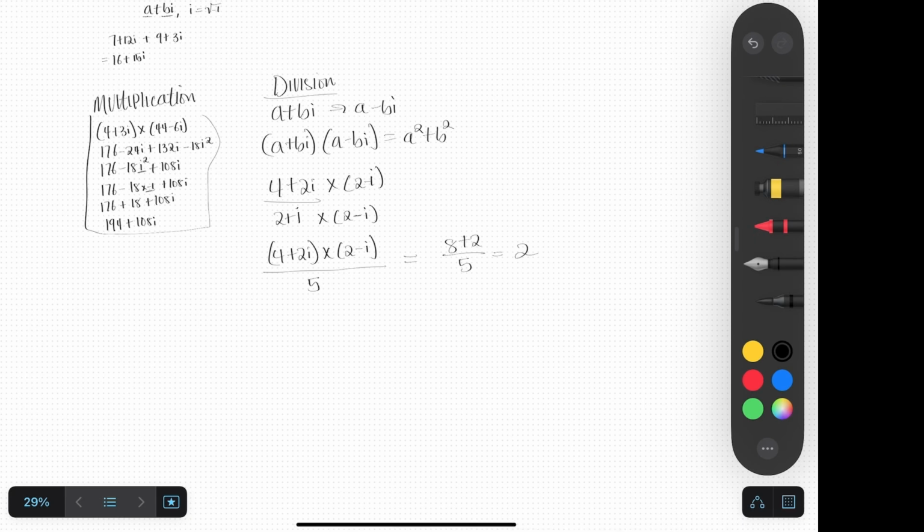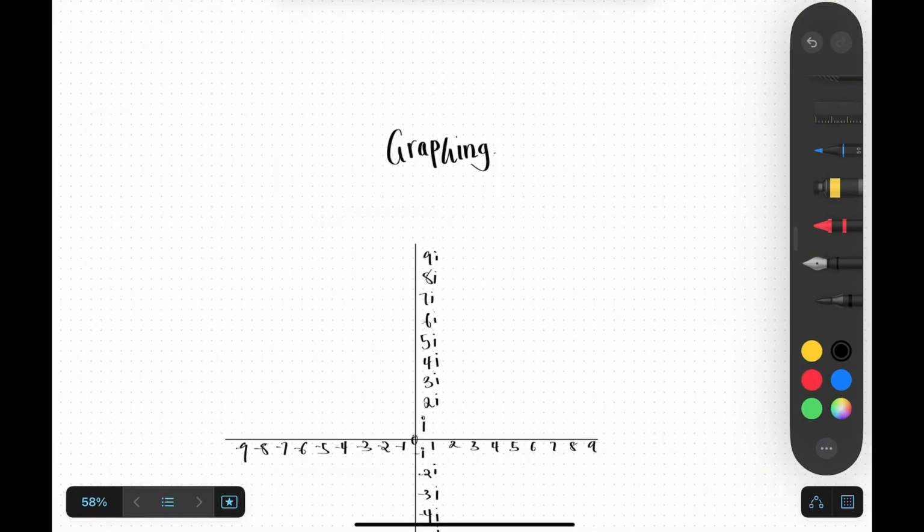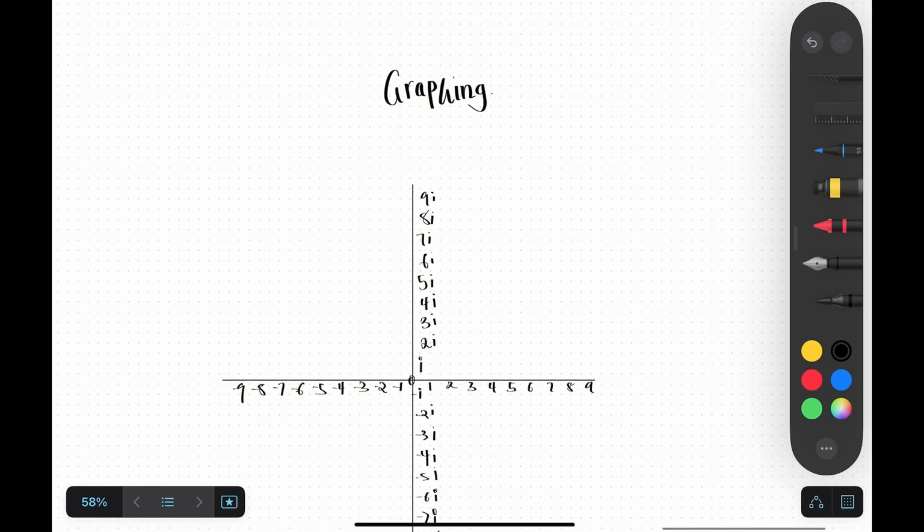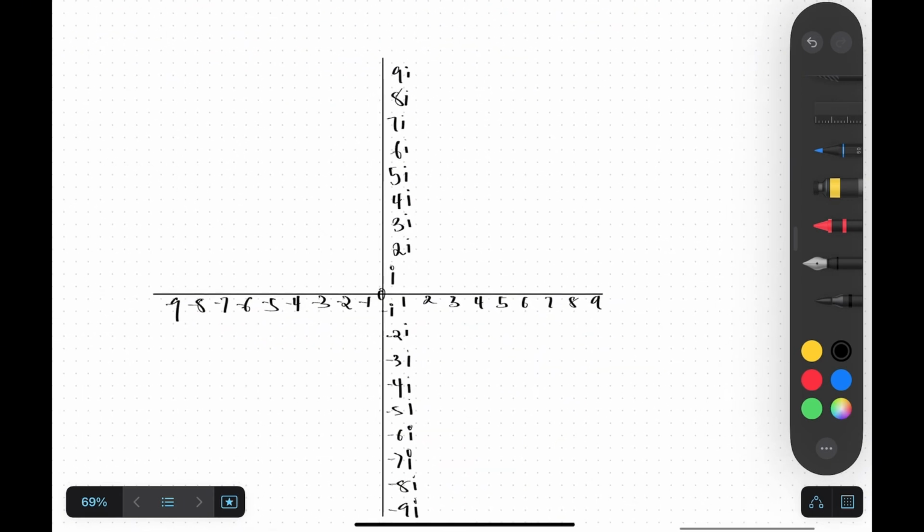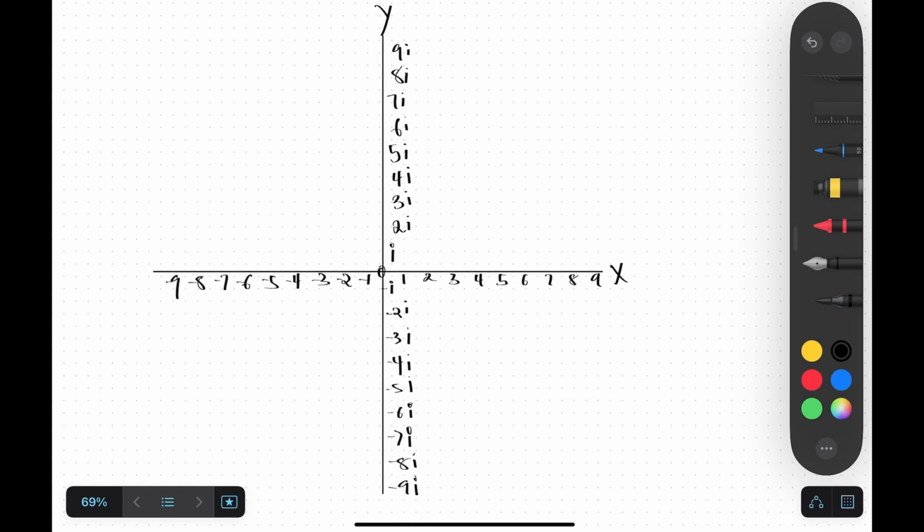Next, we will learn to graph complex numbers as vectors. A vector is a quantity that has a magnitude or size and a direction. This type of graph is called the complex plane because it has real numbers on the x-axis and imaginary numbers on the y-axis.